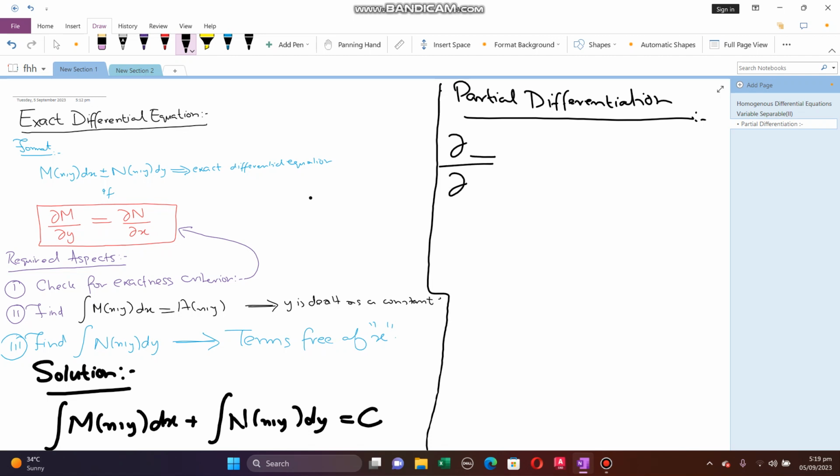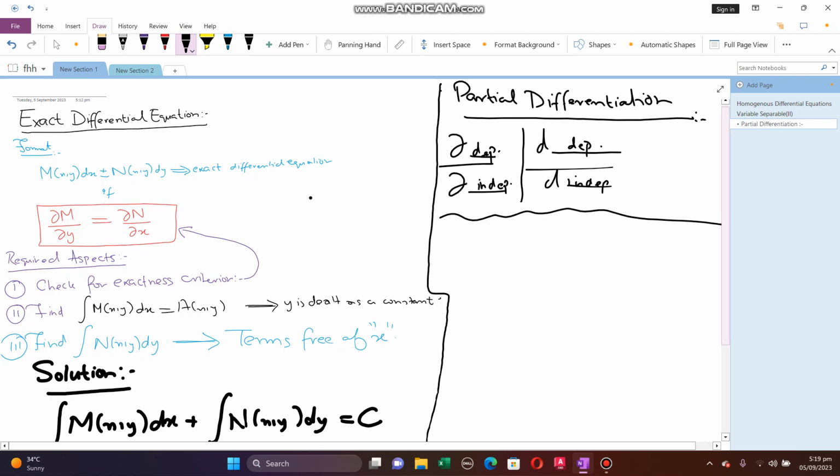Here is the dependent variable, and here is the independent term. The same is the case in differentiation, dependent over independent. So basically, the concept is pretty different.